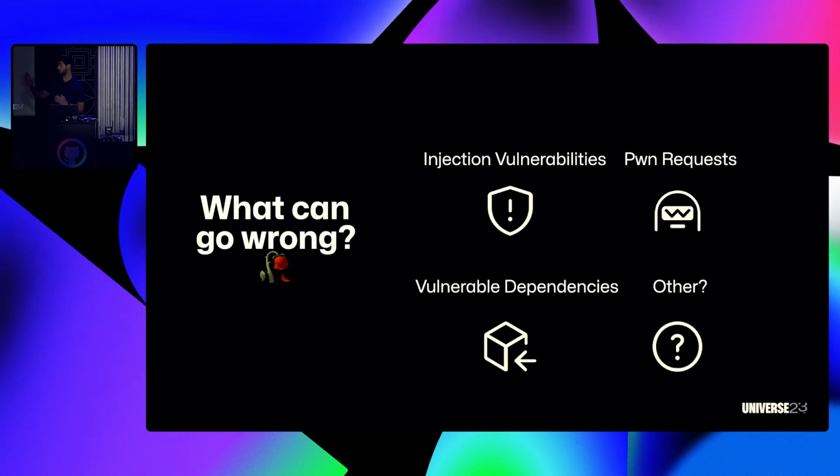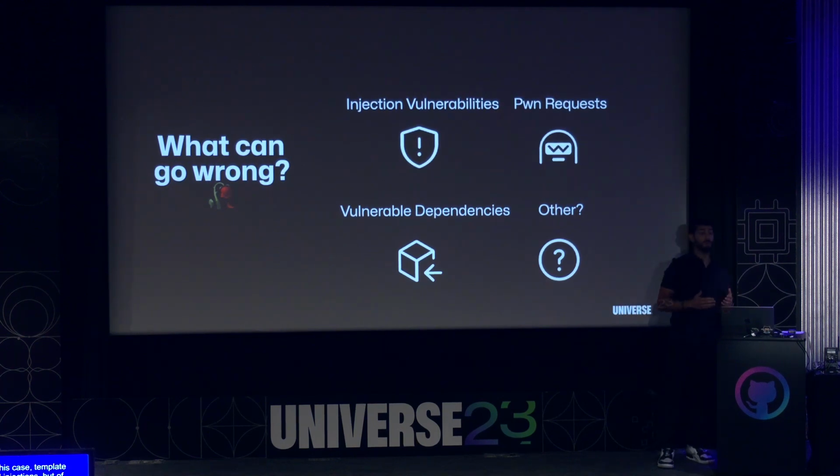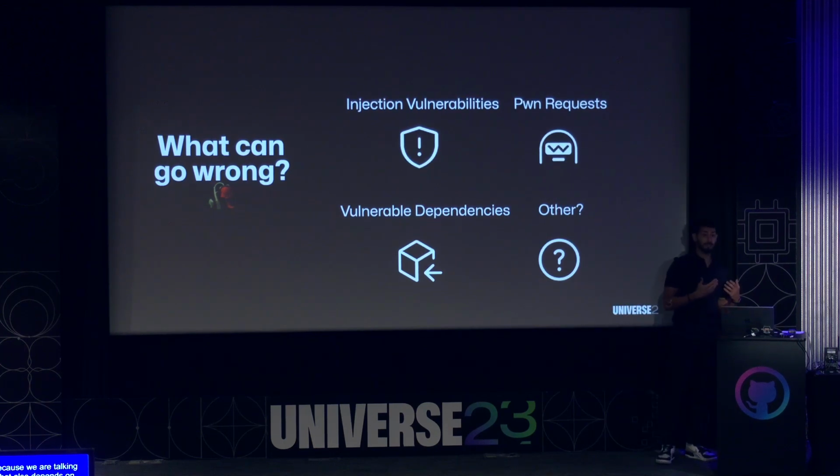And on the bottom right, you see the word other with a question mark. Why? Because every single year, we discover novel ways to attack CI/CD pipelines. We don't know what we don't know, but what we can do today is follow best practices so that we mitigate that internally. And this is exactly what we do at GitHub.